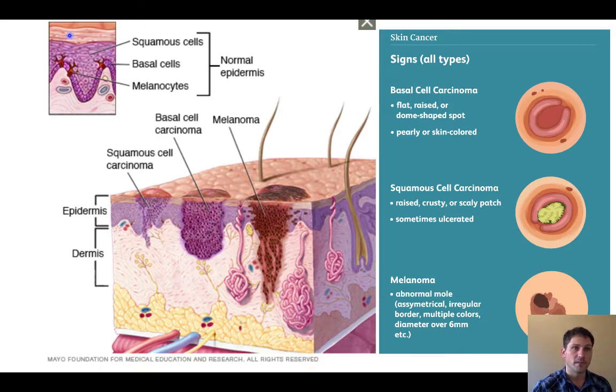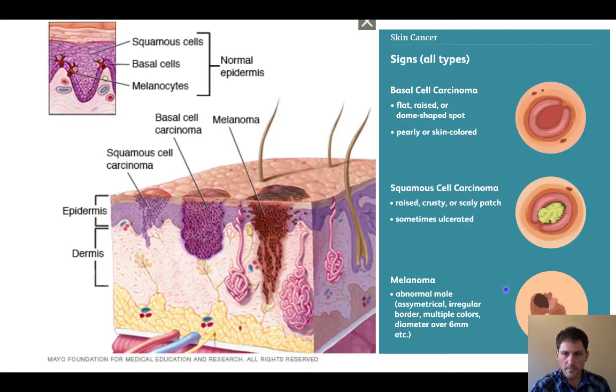If we look over here, we can see our melanocytes, our basal cells, and those squamous cells. Basal cell carcinoma is a flat, raised, or dome-shaped spot that's kind of pearly or skin-colored. Squamous cell carcinoma is kind of raised and crusty, a little scaly, maybe with a little bit of ulceration.